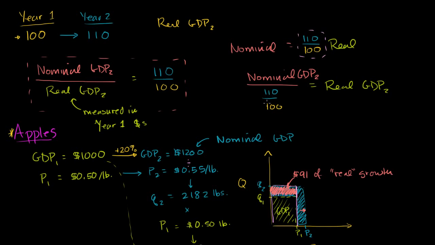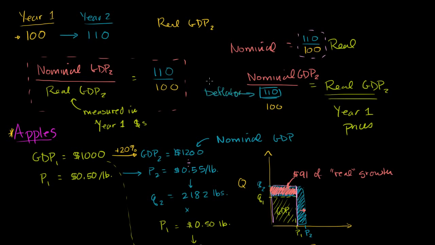So this quantity right over here is 1.1. So another way you could think about it, we're deflating the nominal GDP in year two to get the real GDP in year two. Remember, this is in year one prices. And because of that, this number right over here is referred to as a deflator.